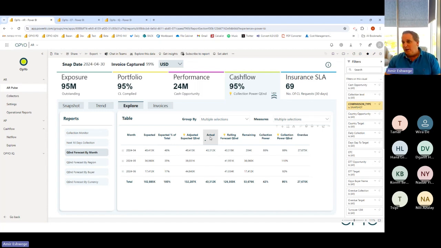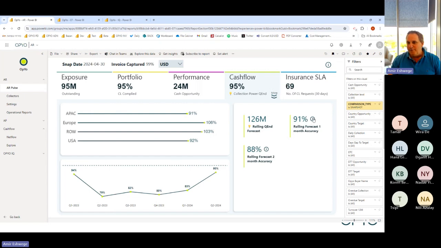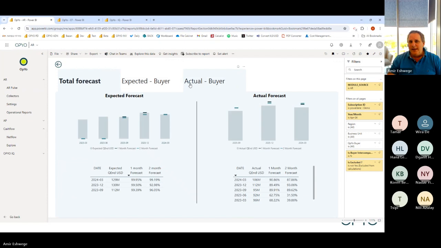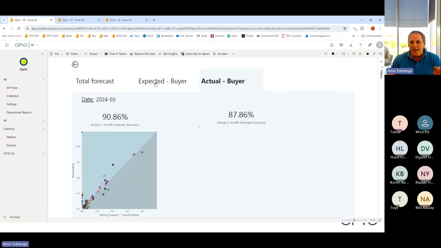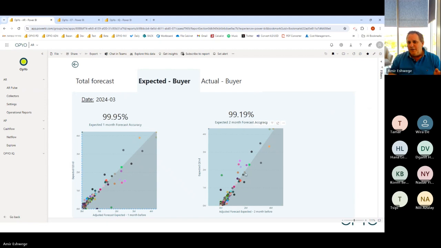Now you would say, okay, everyone can make assumptions. How do you know if it works? So the last thing I'll show you on this screen is that for each and every one of our buyers, we manage the calculation of how accurate we are. Every buyer is a dot on this graph, and if he's on the line, that means what we expected and the actual are almost aligned.